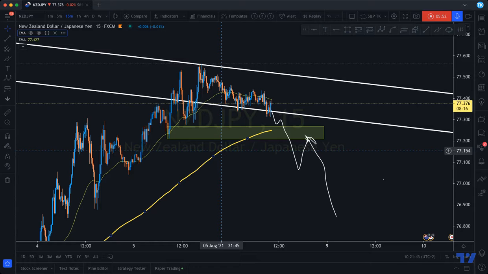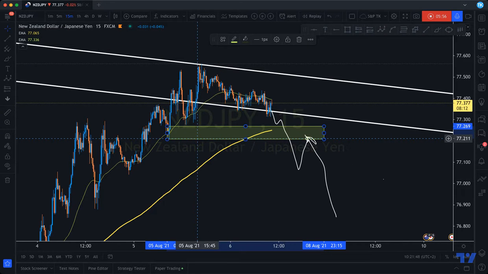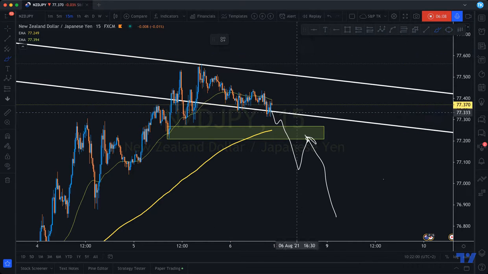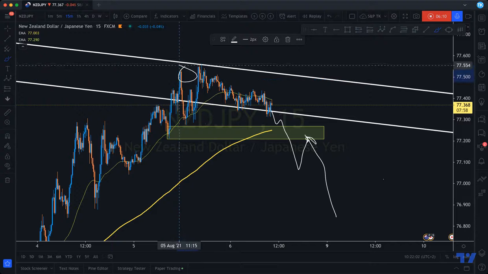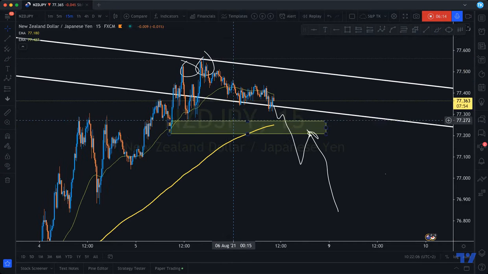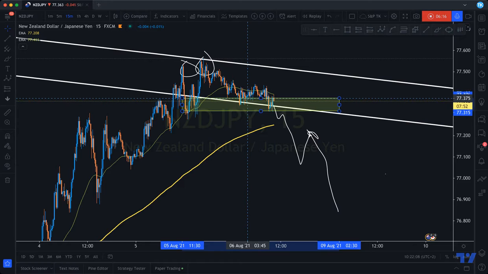But first of all, I want the price to break this structure, which is probably the last buyer's dominance that we have, in which, as you can see, from this impulse made this high and this high, also this one, but that is the structure in which price is now.